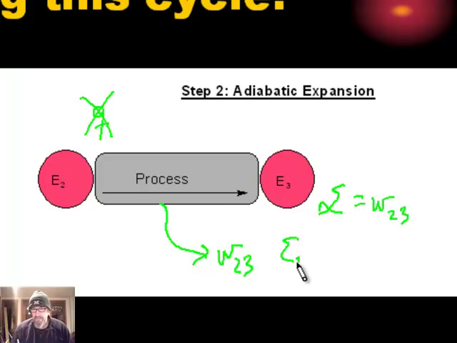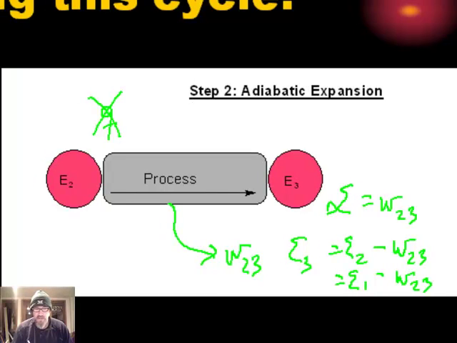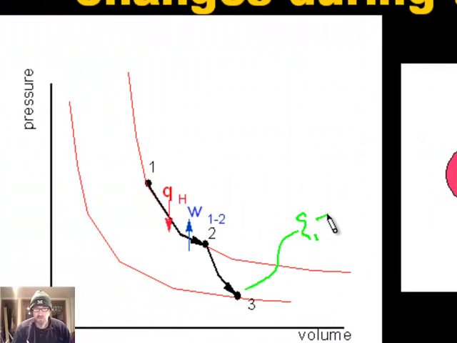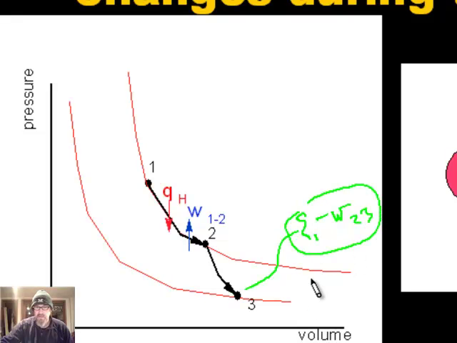So E3, well, that's just equal to E2 minus the loss due to work. But E2 was really E1, so E1 minus work 2, 3 is another way of saying how much energy is at E3. So here it's E1 minus the work done in step 2, 3. That's the energy at step 3.